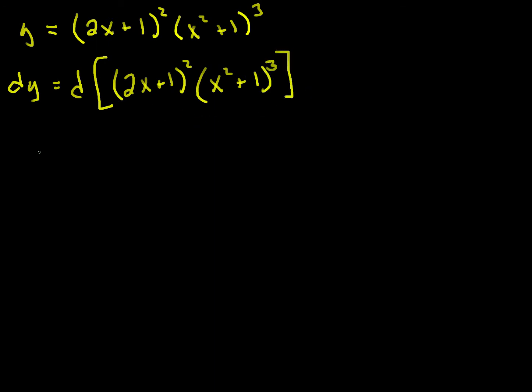And first off, I've got the product rule. So just being careful that we recognize that this whole thing is the first term in our product. So that's our u. And this second term, the whole expression, is our v.